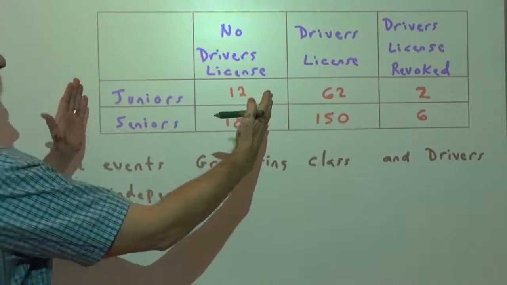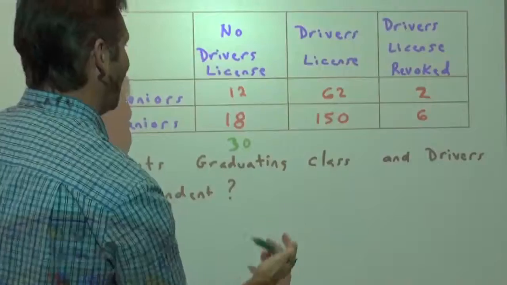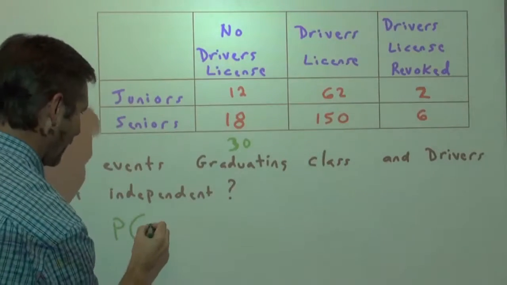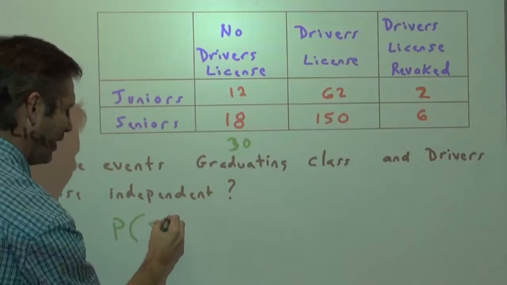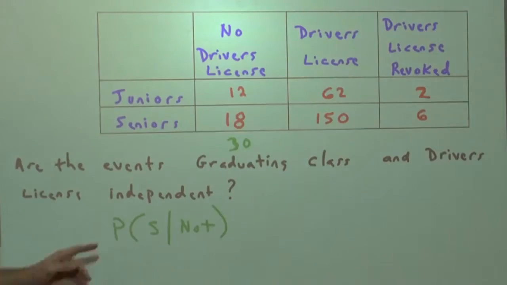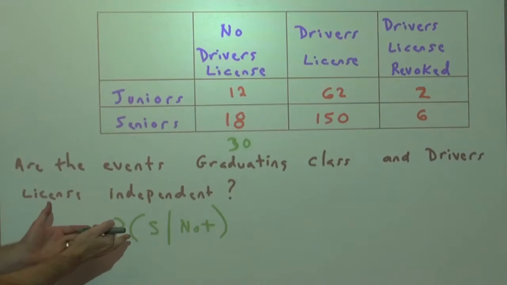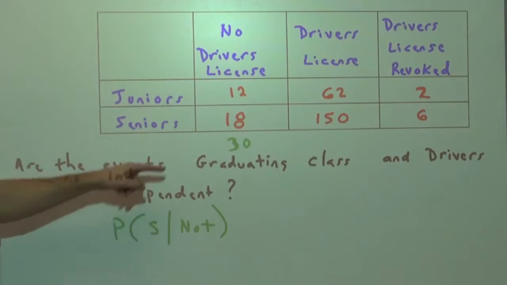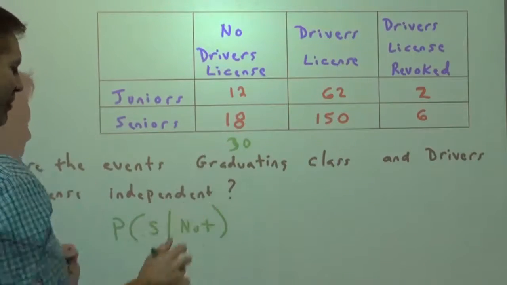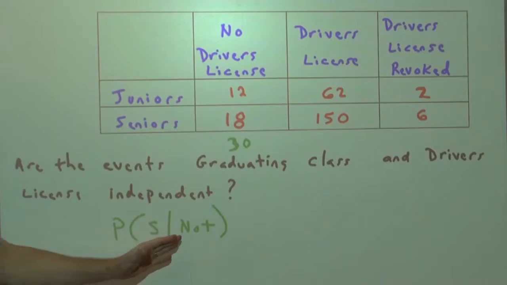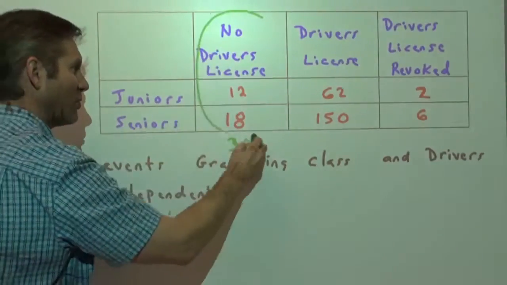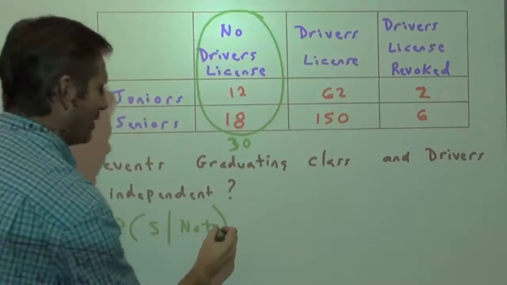I'm going to say, okay, let me shrink the sample space down to the people that do not have a driver's license. So let's see, what's the probability we get, let's say this time a senior, given that a person does not have their driver's license? Remember, when we shrink the sample space to do the conditional probability, we can shrink it down to just this group right here with no driver's license.